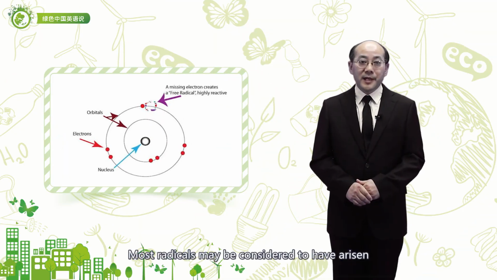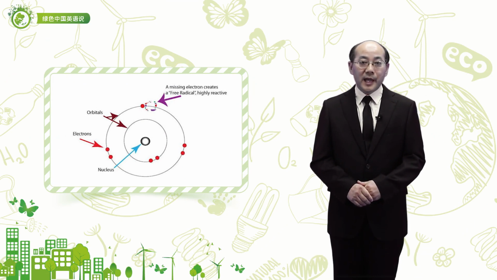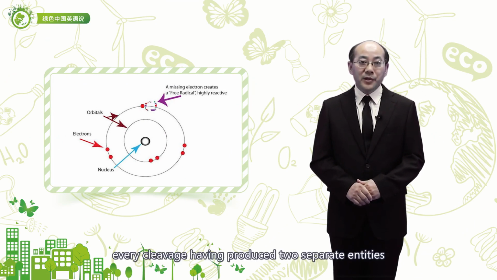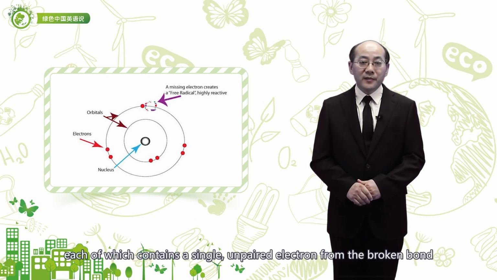Most radicals may be considered to have arisen by cleavage of normal electron pair bonds, every cleavage having produced two separate entities. Each of them contains a single unpaired electron from the broken bond.